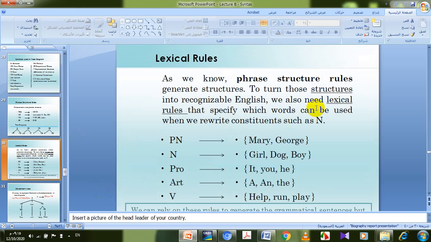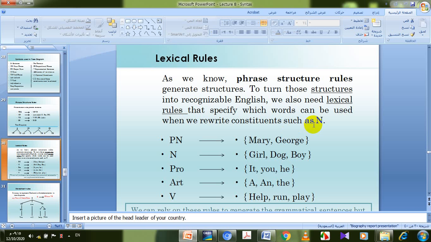In order to turn these structures into recognizable English, we also need lexical rules that specify which words can be used when we rewrite this arrow, when we rewrite constituents such as nouns.